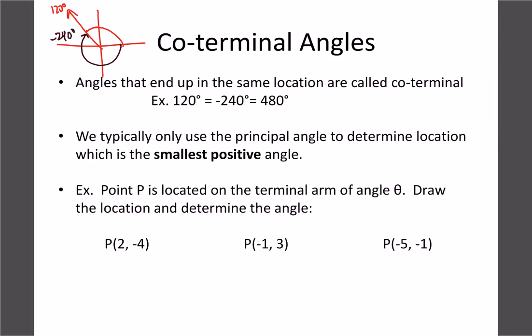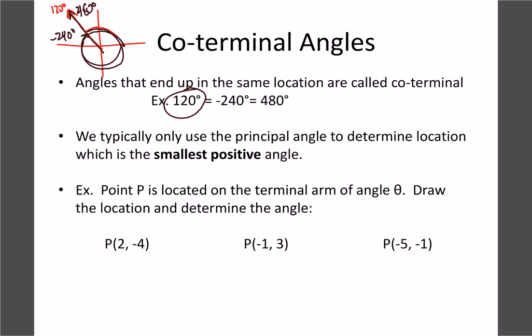So that would also be the same angle. Or I could go around, 120 plus another 360 would also give us 480. So all three of those angles are in the exact same location, so we call them coterminal. Typically, we're going to use the smallest positive to be the one that we want to refer to. So typically the 120 would be our normal standard angle that we would call.